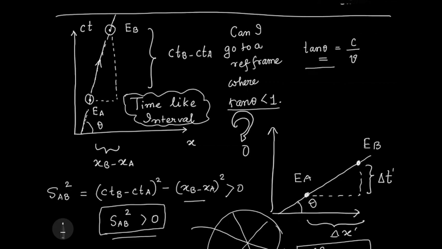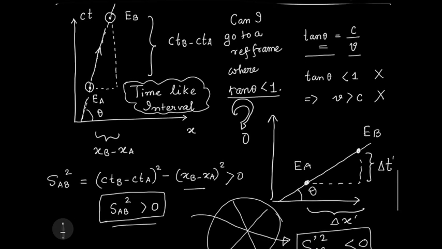How can I have tan theta less than 1? Tan theta less than 1 also implies v is greater than c, because that's how I will have tan theta less than 1. So tan theta less than 1 not possible also means v greater than c not possible.